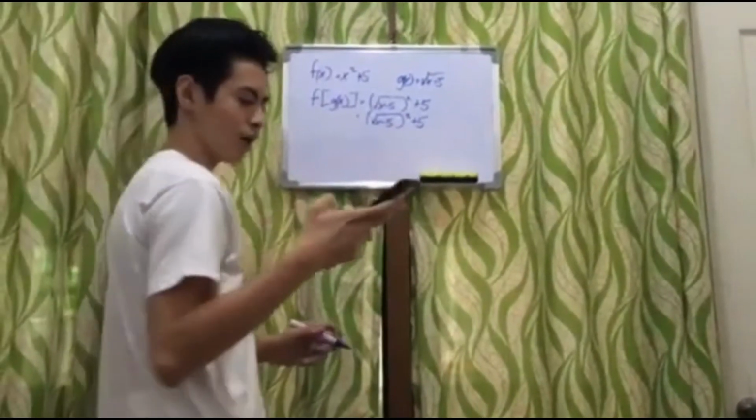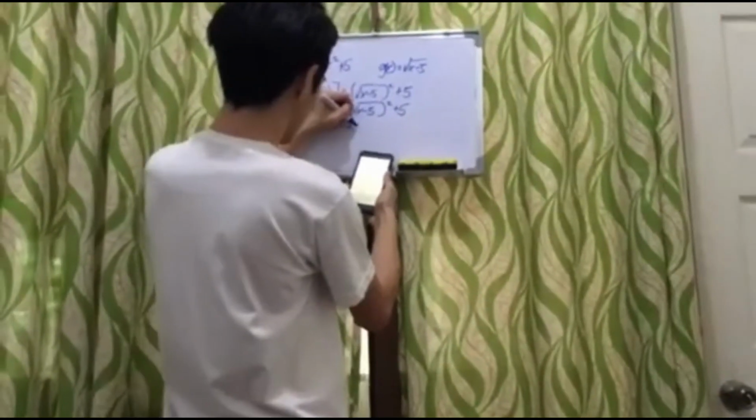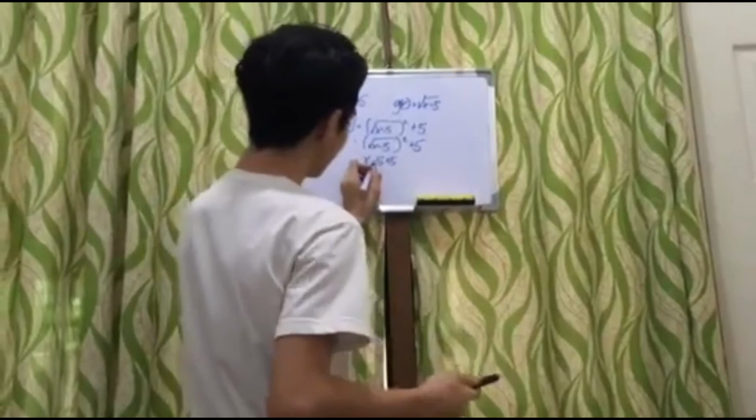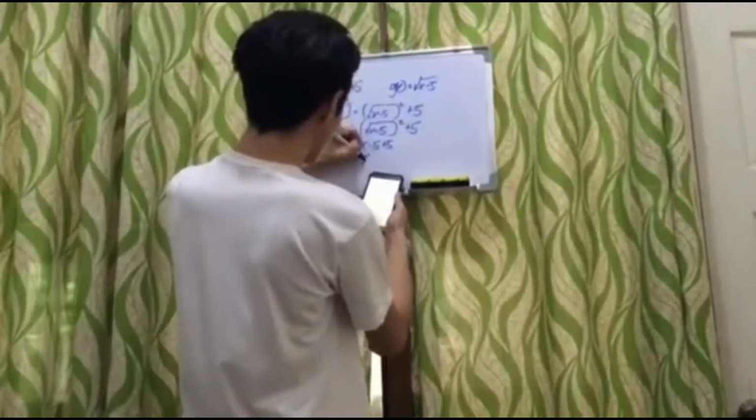Then, remove the parentheses. x minus 5 plus 5, which is negative 5 plus 5 is 0. So the answer would be x.